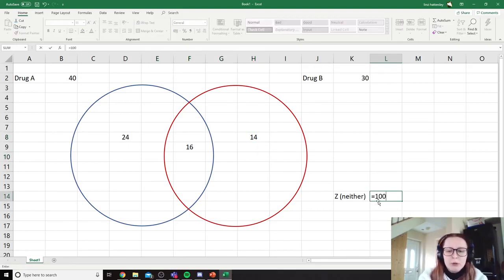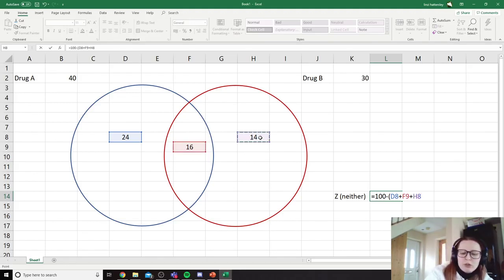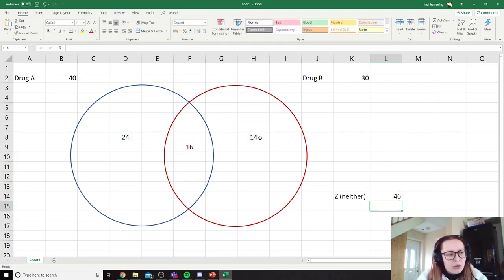We know that 100 people took part in total, but 24 of those only took drug A, 16 of those took both, and 14 only took drug B. So out of 100 patients, 46 of those did not receive any drug at all.